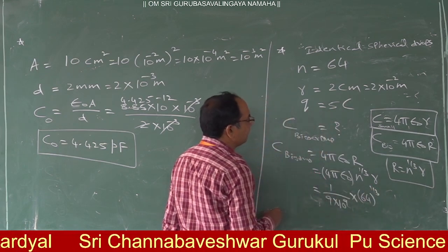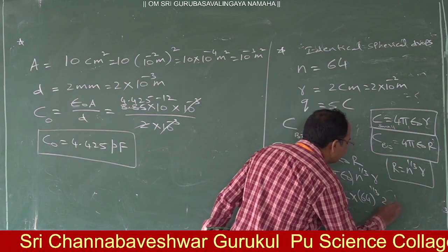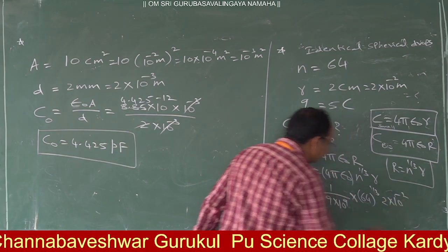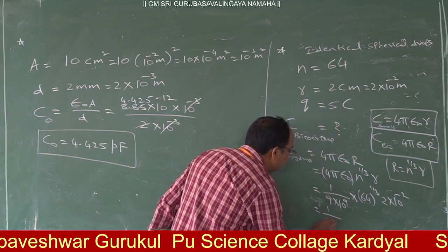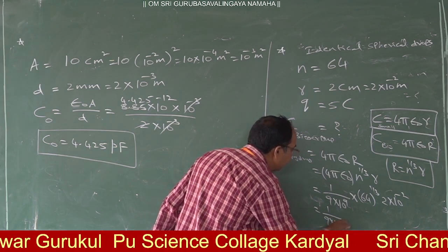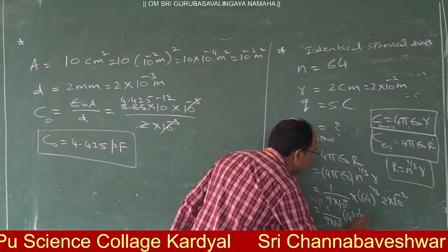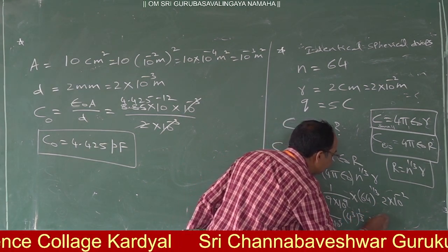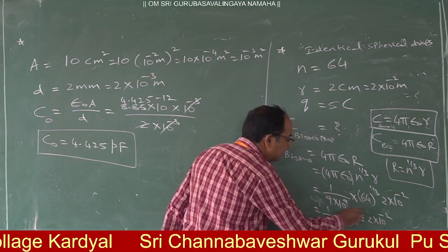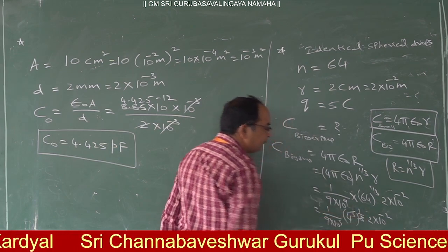Small r is 2 into 10 power minus 2. So that is 1 by 9 into 10 power 9. 64 how do you write? 4 cube whole power 1 by 3, into 2 into 10 power minus 2. 3 cancel, 4 2s are 8.